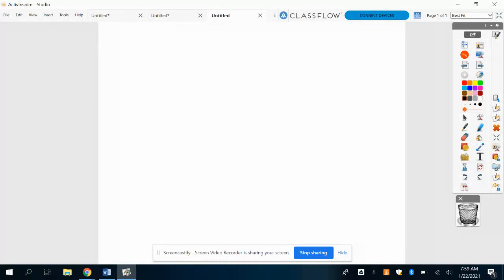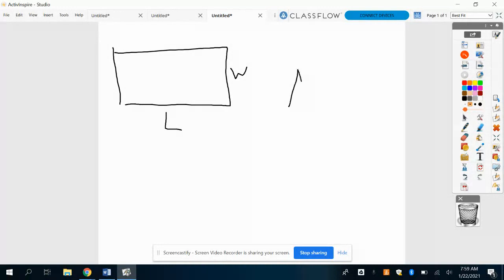So remember, if you have a rectangle, you can always find the area by taking the length times the width. So we're multiplying the two together, and then we'll always get our area. It's also good to remember that your area is always in units squared.